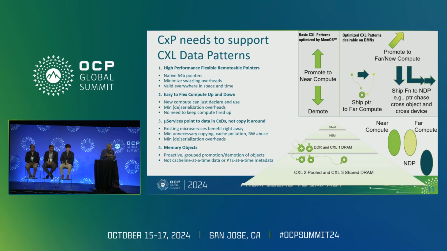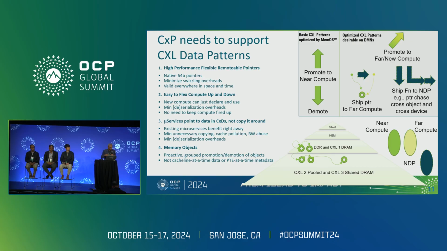So either it will need to be coherent with the page tables of the computes that are already there, so it can use virtually addressed pointers and chase them across regions and devices, or it will need to use more sophisticated memory objects. We have seen both kinds of demonstrations. The ARM presentation, for example, talked about using their CMN IPs and coherence IPs.